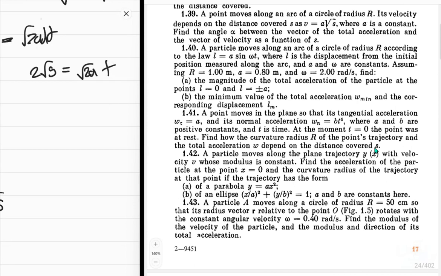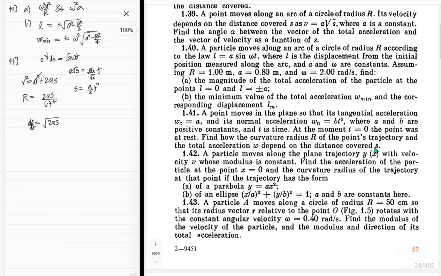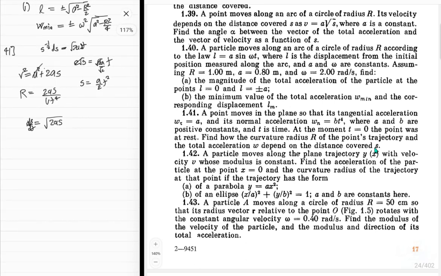Integrate that, just get t. So first divide this by that, so this will be 1 upon square root 2. Cool. Then square this. So s is equal to a upon 2 times t squared. Exactly as we want. So you got what the distance should be, not the displacement. Cool.